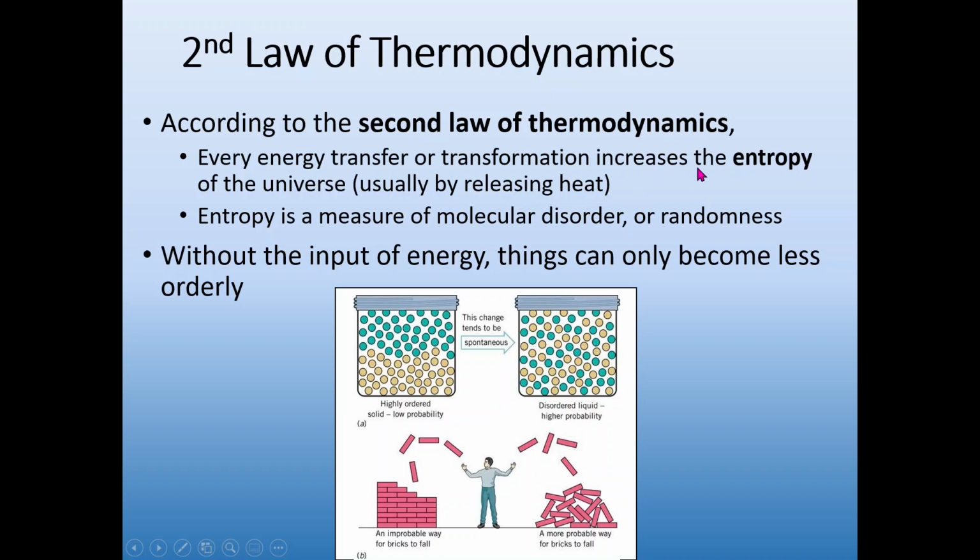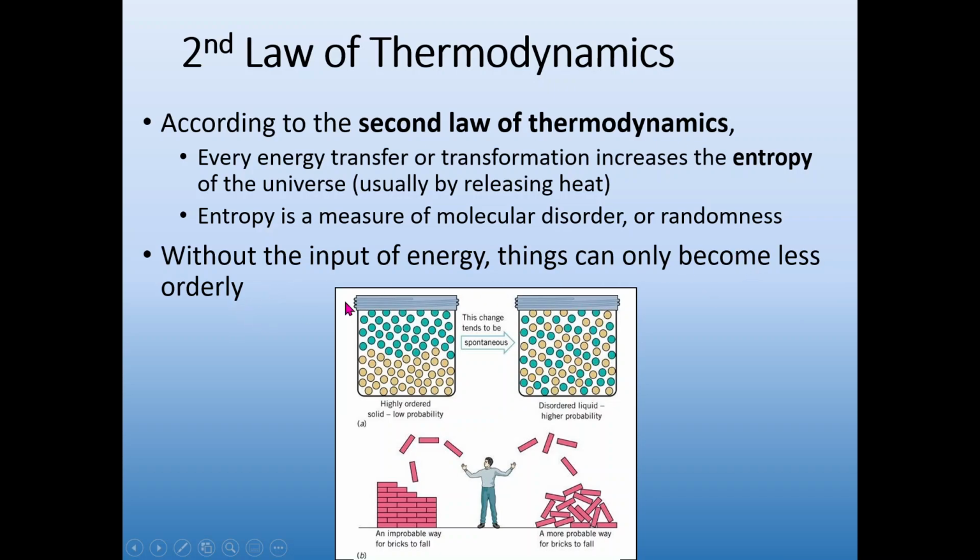Now, entropy, if you don't know what that is, is simply a measure of the order of the universe, and entropy is proceeding towards the disorderly direction. So what this law is stating is every time we transfer or transform energy, we are moving towards a more disorderly organization. We're going towards a lower energy state, is another way to put that.